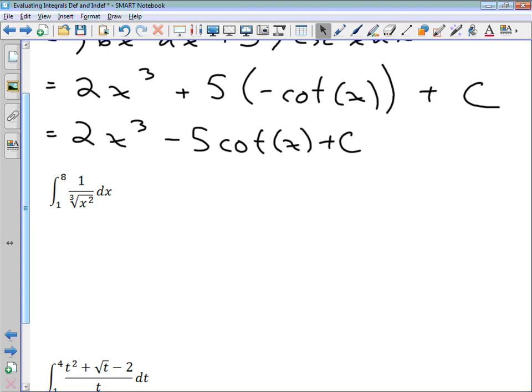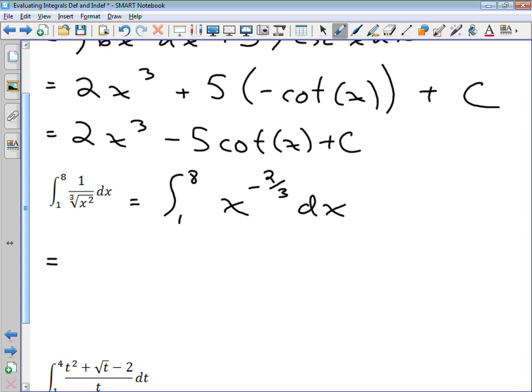What did we do in differentiation when we saw something like this? How did we rewrite it, Daphne? Yeah, so write this as the integral from 1 to 8 of x to the negative 2 over 3 dx.